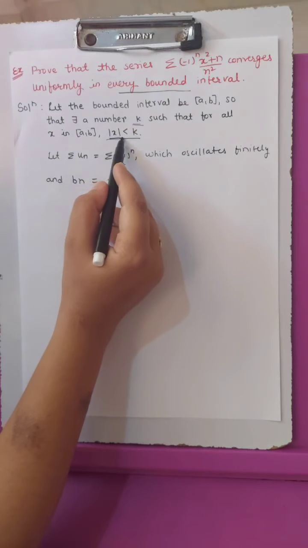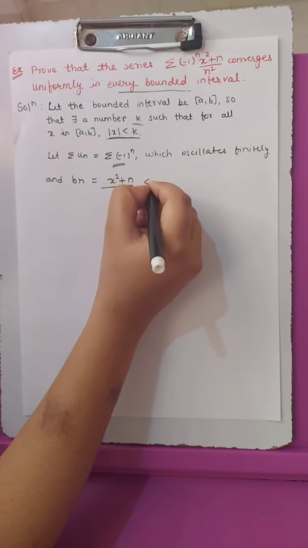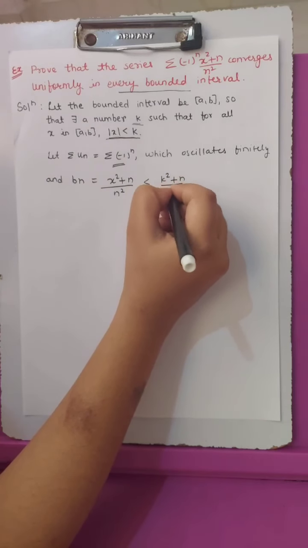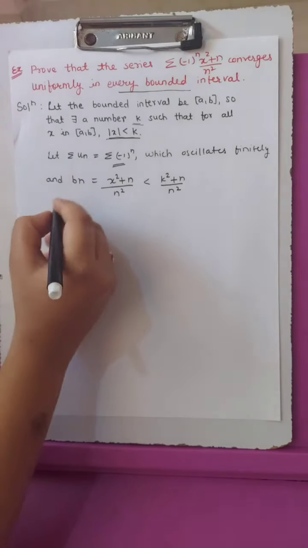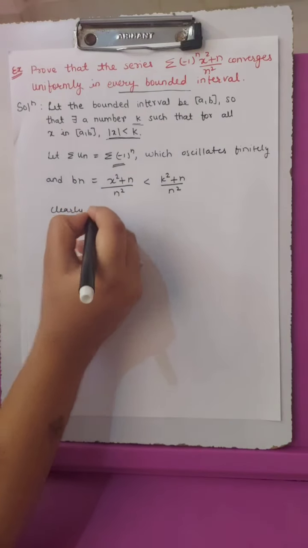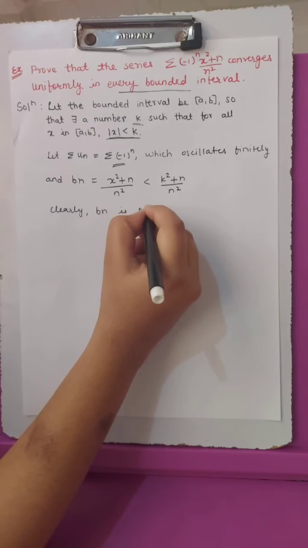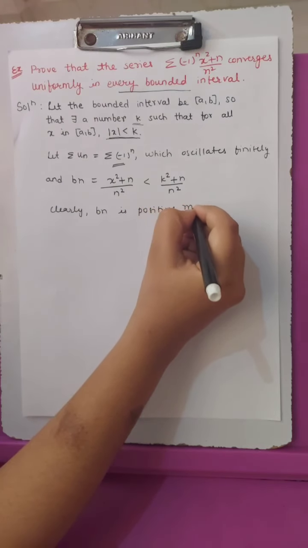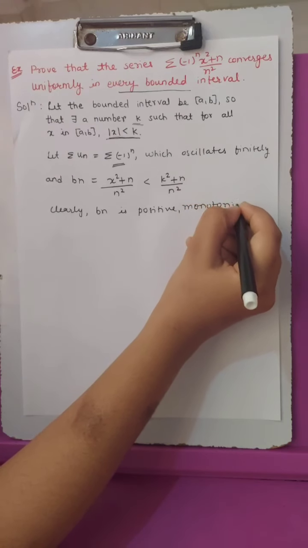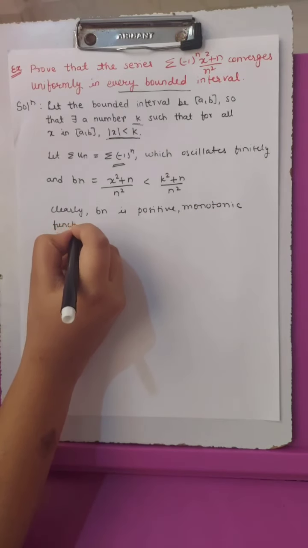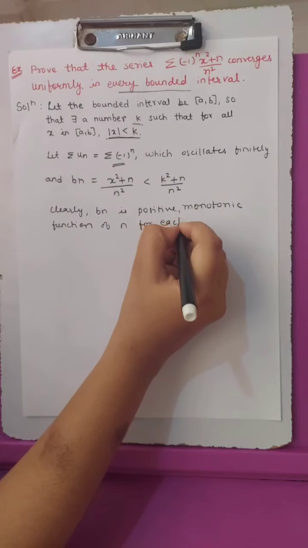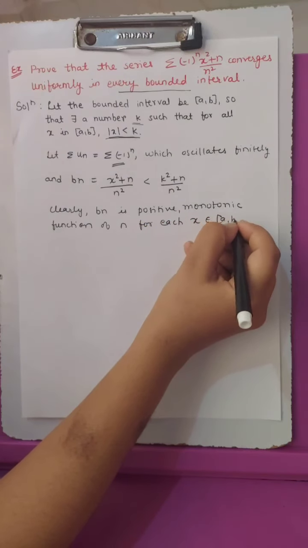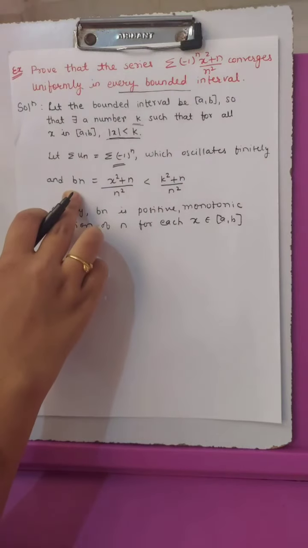As we know that mod x is less than k, this whole function is less than (k square plus n) upon n square, and clearly this function bn is a positive monotonic function of n for each x in ab, and also this bn tends to 0 uniformly.